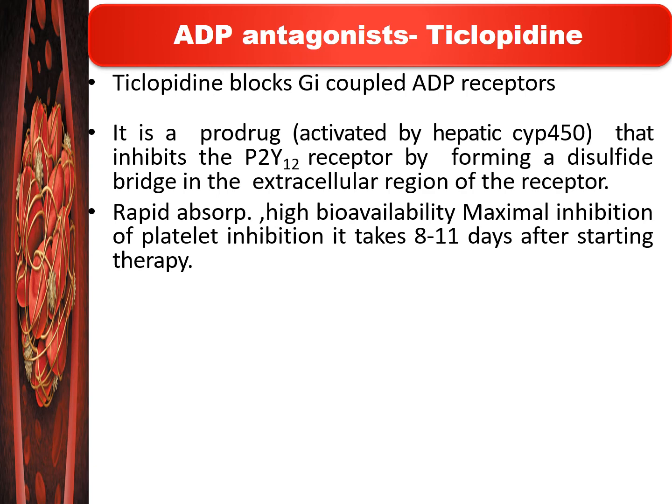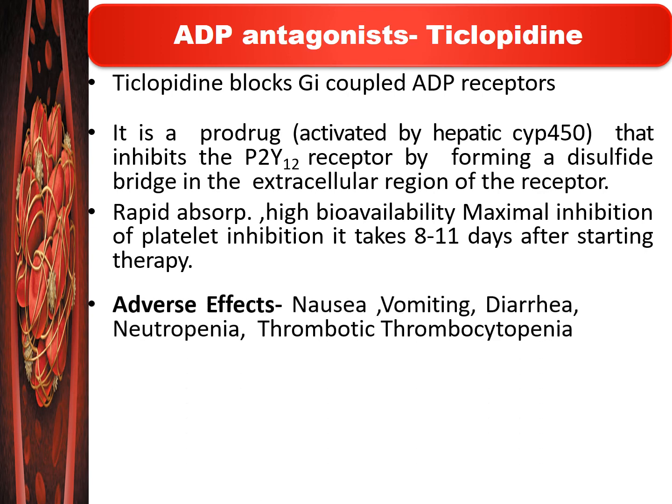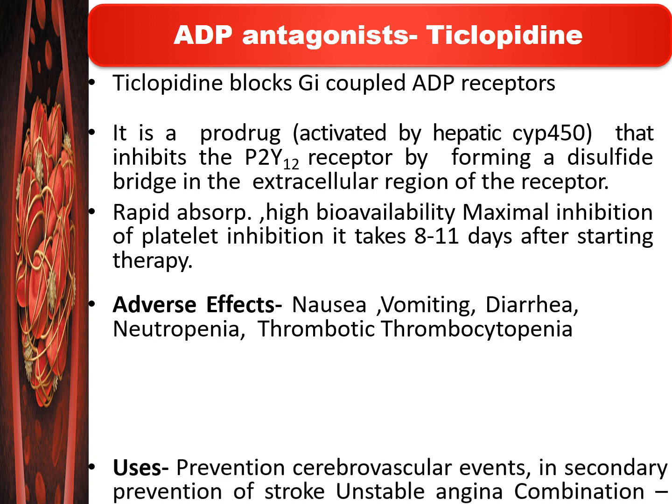Ticlopidine shows rapid absorption and high bioavailability. Maximal inhibition of the platelet takes 8 to 11 days after starting the therapy. The adverse effects of ticlopidine are nausea, vomiting, diarrhea, neutropenia, thrombocytopenia.